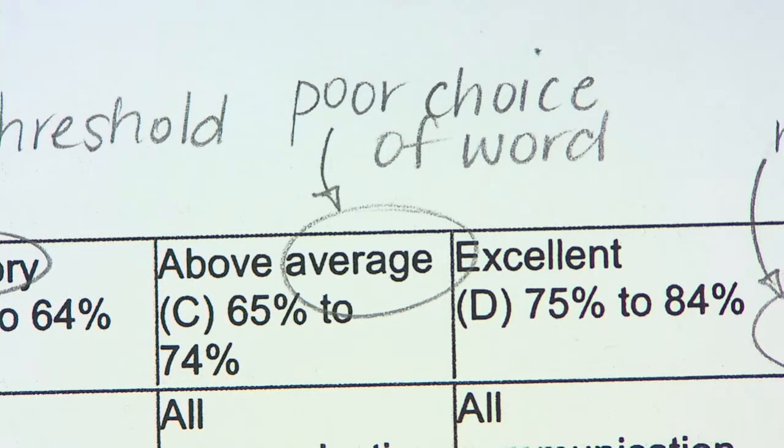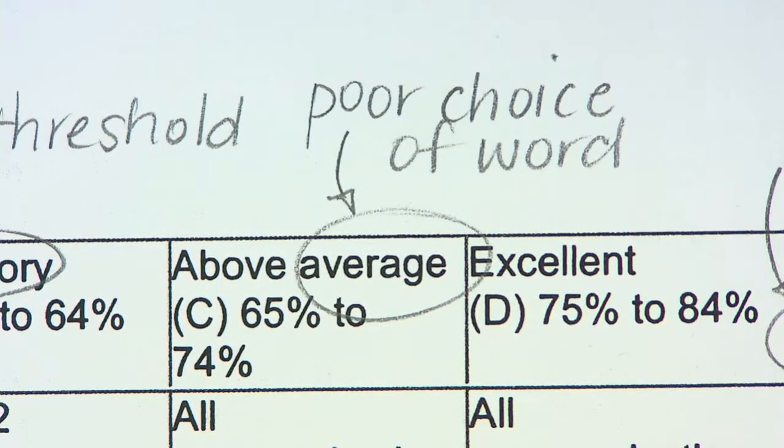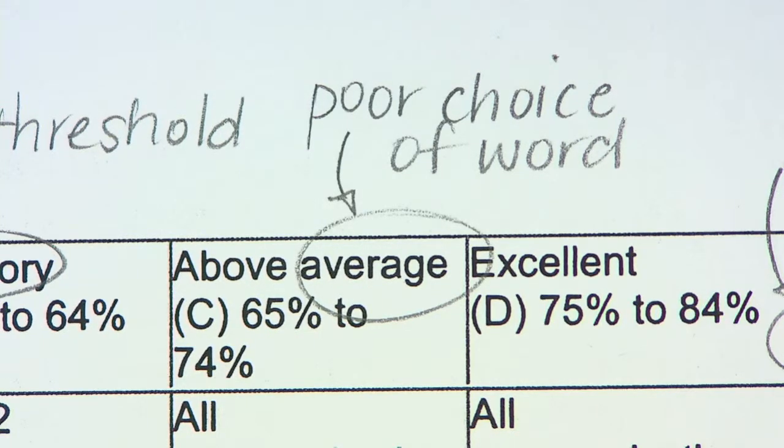The reason for that is that average implies a comparison with others, and that brings up notions of norm reference testing, and we don't do norm reference testing. These rubrics are criterion referenced testing or assessment. So we avoid things like above average, those words to be avoided.